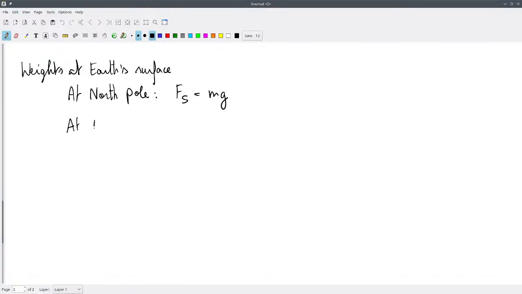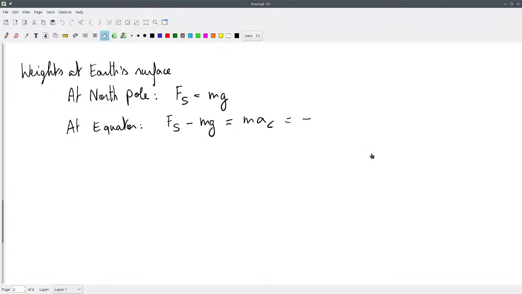At the equator, we now have that the force due to the spring minus m times g has to be m times the centripetal acceleration, and the centripetal acceleration at the equator is minus r times omega squared.